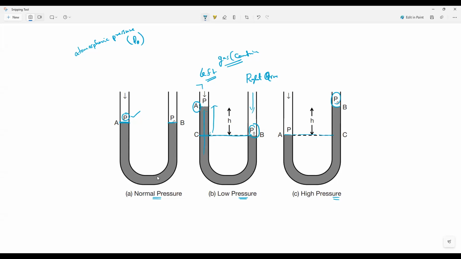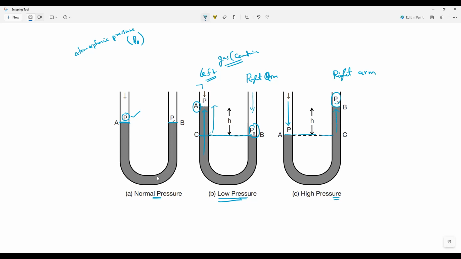That is what indicates low pressure. If the pressure of the gas is greater than the atmospheric pressure, then the liquid will rise into the right arm. Okay, do you understand what I am saying now?